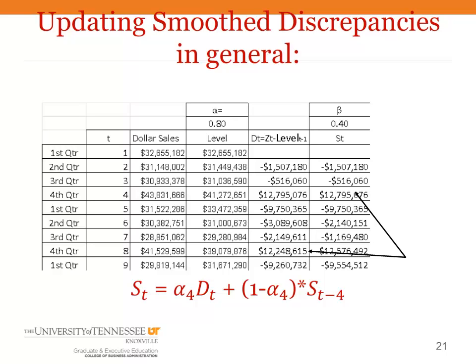Period 8 is a fourth quarter, so we're going to weight that with period 4, which was fourth quarter of last year. Notice those numbers look really big. Period 9 is a first quarter, and we weight that with the most recent first quarter, which was period 5. And notice in first quarter our sales drop off a lot from the previous quarter, and that's reflected in that negative 9 million there that we see as the smooth value.